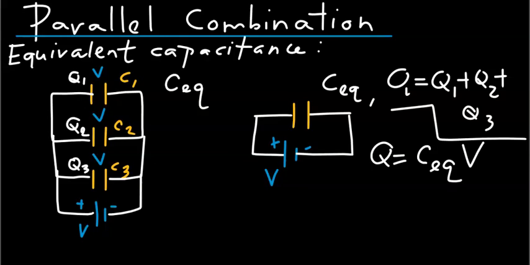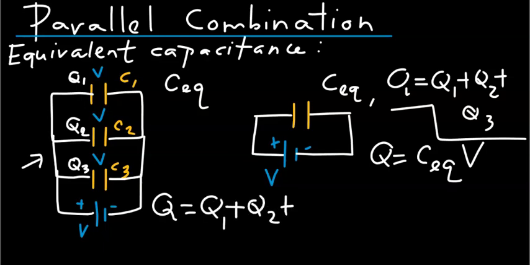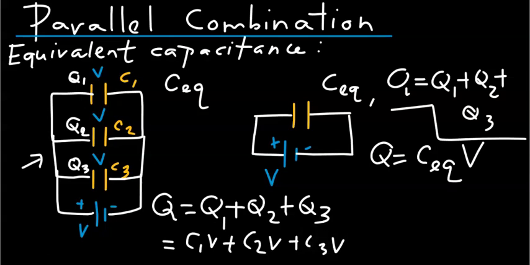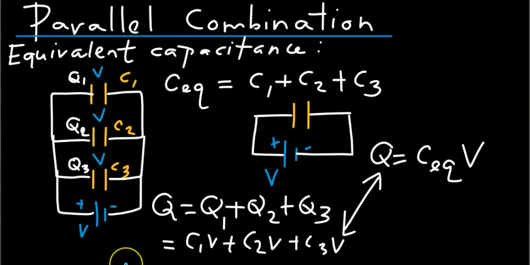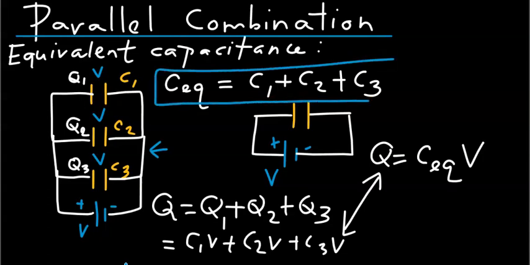Since the first property that we discussed earlier says the total charge of this circuit is the same as a linear combination of all the charges of the individual capacitors, like that, and Q1 is quite simply C1V, Q2 is C2V, and Q3 is C3V, by also using the second property for capacitors in parallel, and comparing this to that, we immediately find the equivalent capacitance of three capacitors in parallel is quite simply the linear sum of the individual capacitances.